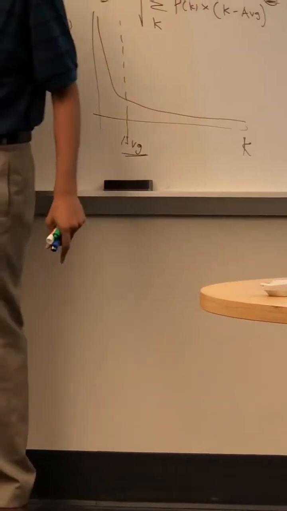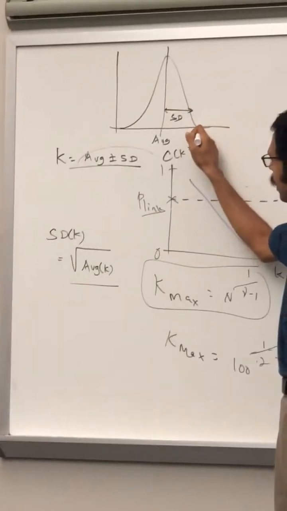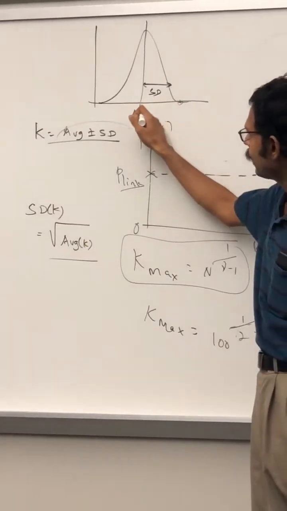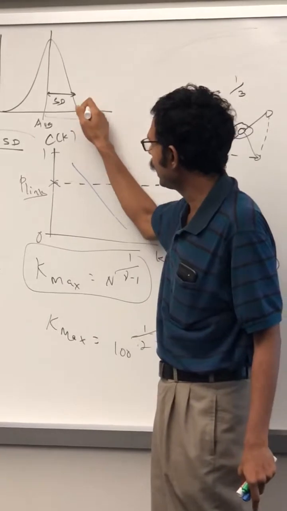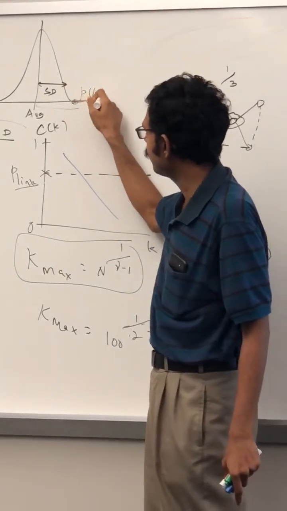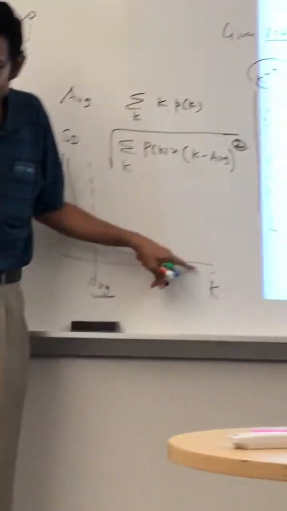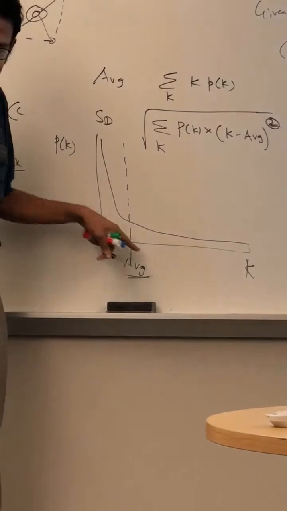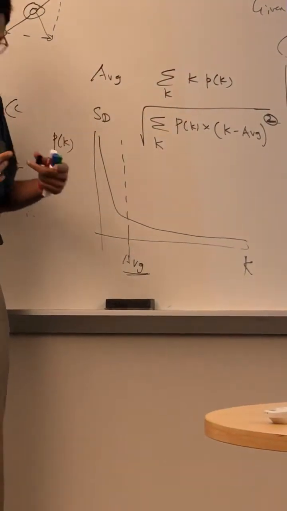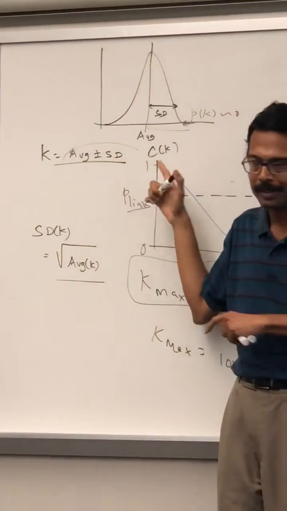So we cannot attribute a scale like this, because again, a Poisson distribution, what did I say? For reasonably larger values farther from the average, the probability of finding the node with that degree is close to 0, P of K is close to 0. Whereas here, it's a non-zero probability. So we cannot say the range of degree values for nodes in a scale-free network is average plus or minus standard deviation.